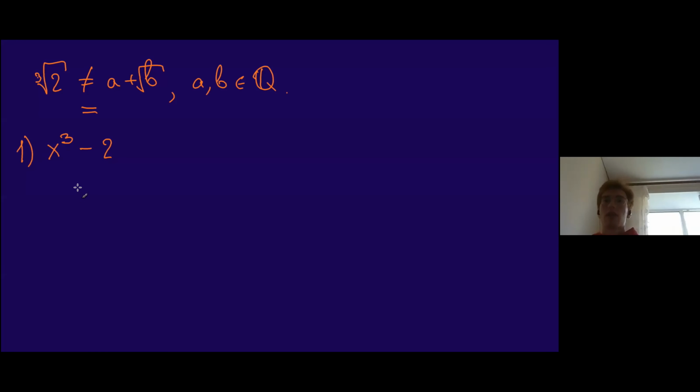The first polynomial is x cubed minus 2, and the second polynomial is (x minus a) squared minus b. Well, we can assume that square root of b is irrational, because otherwise the cubic root of 2 is rational, which is false. And so this polynomial is irreducible.